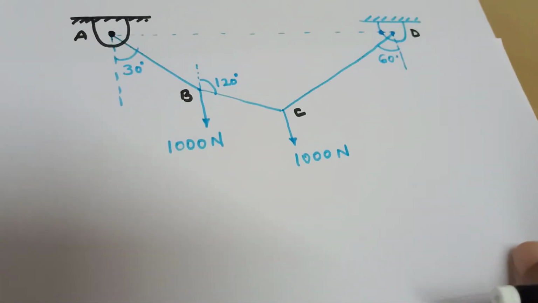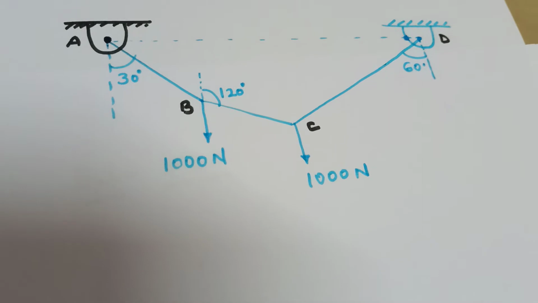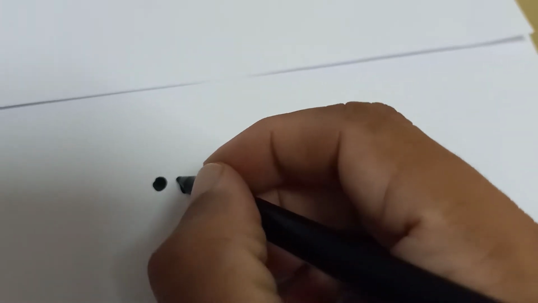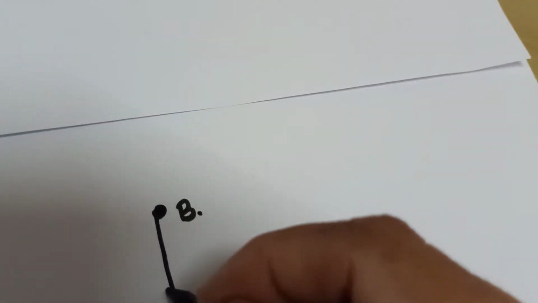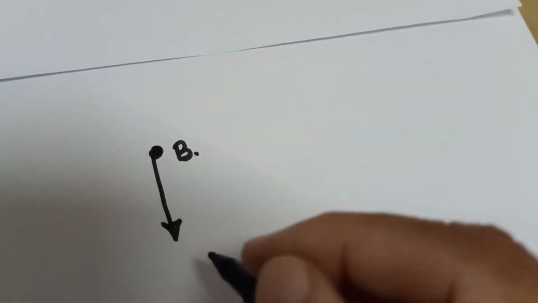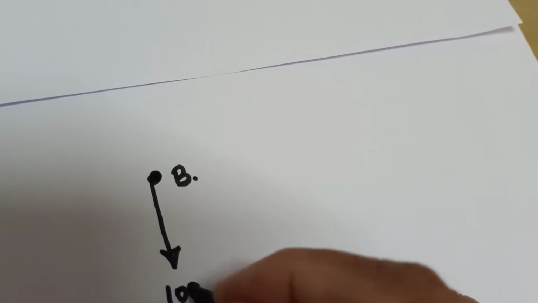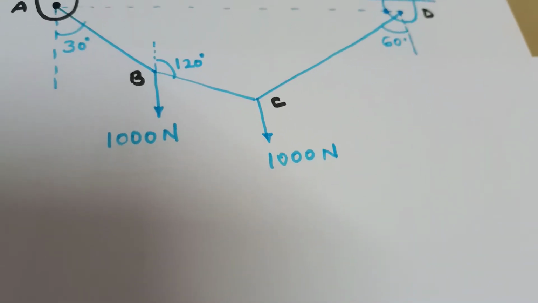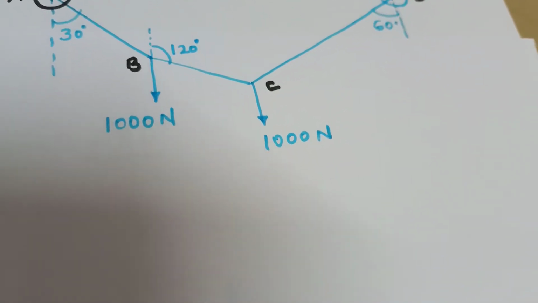Suppose we draw the free body diagram at point B. Okay. So this is point B that we are taking. Now at point B we have got 1000 Newton weight in the vertical downward direction. So we can show 1000 Newton weight, right? Then we can see in the diagram that we have got string BC, right?